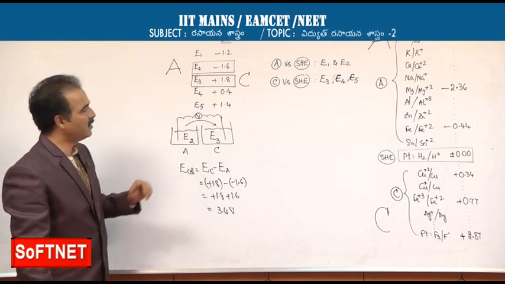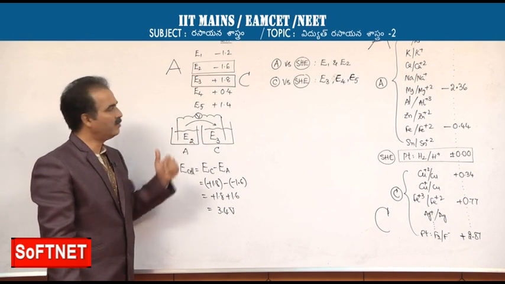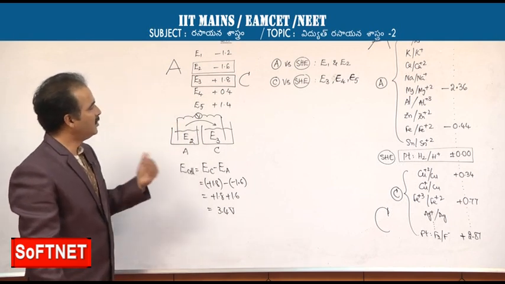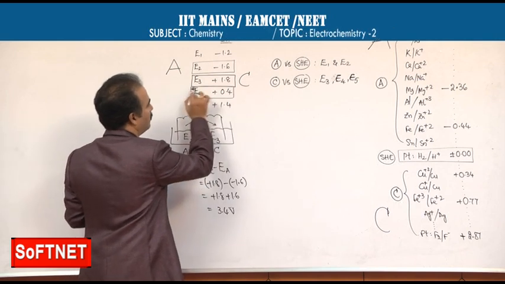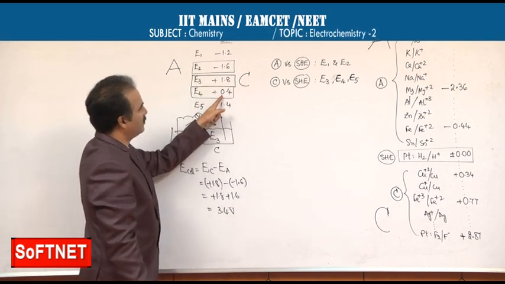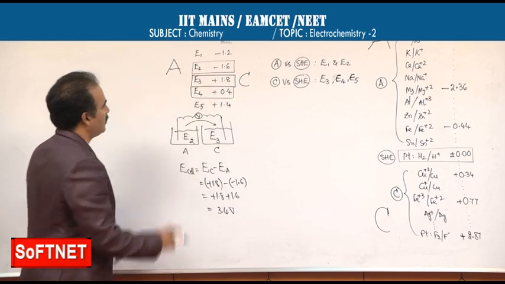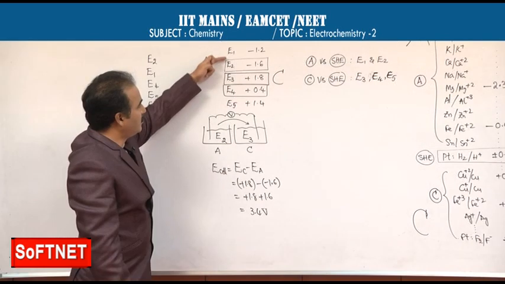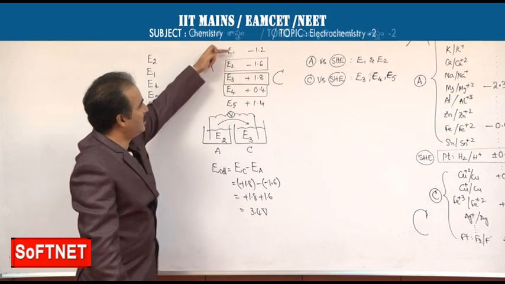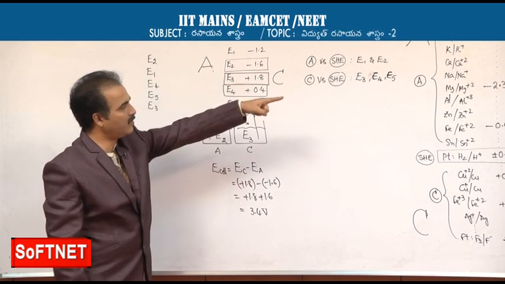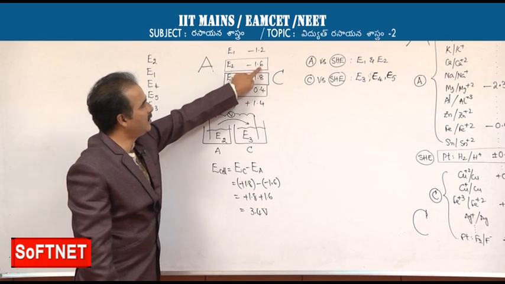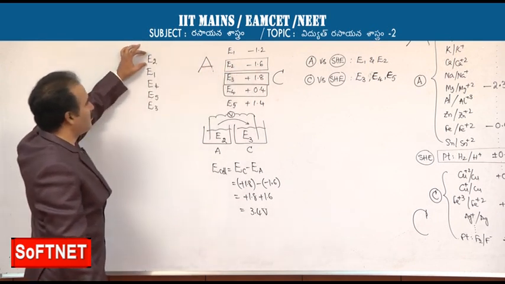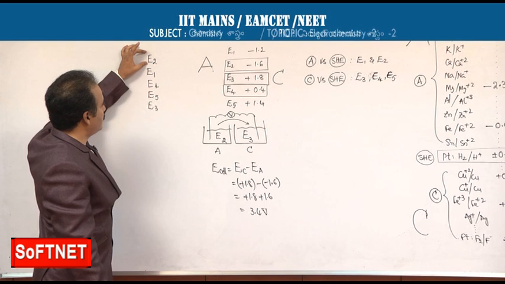Similarly, in contrary, we can say minimum EMF is between what? Minimum EMF means E4, that is plus 0.4. So arrange them according to electrochemical series. Now if you look at these electrode potential values, let us arrange them according to electrochemical series. The most negative reduction potential will be at the top of the electrochemical series, that is E2.